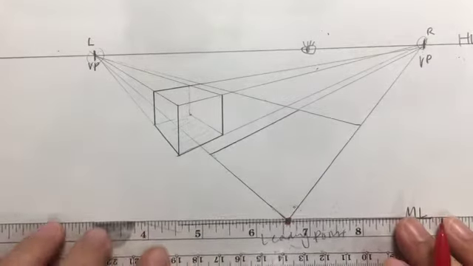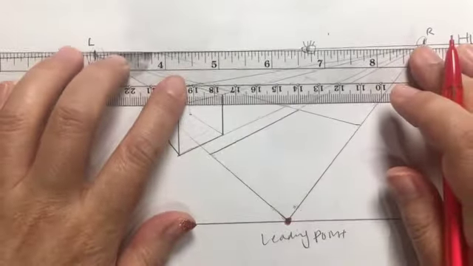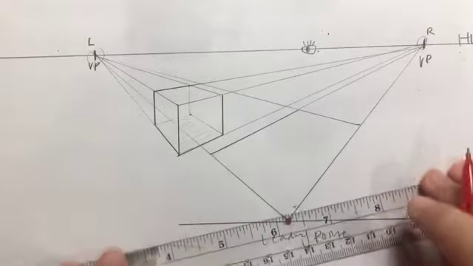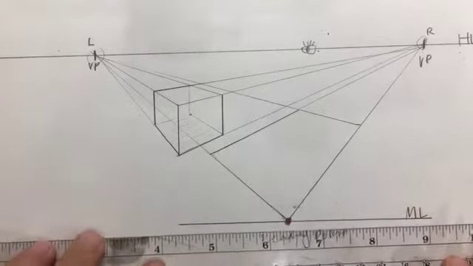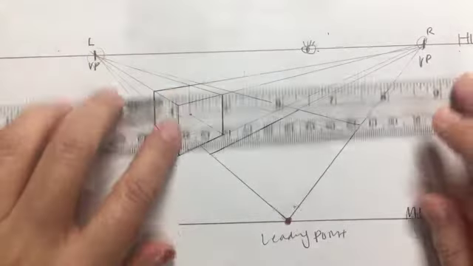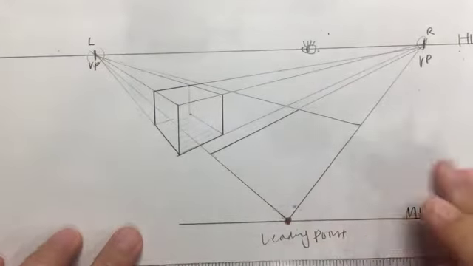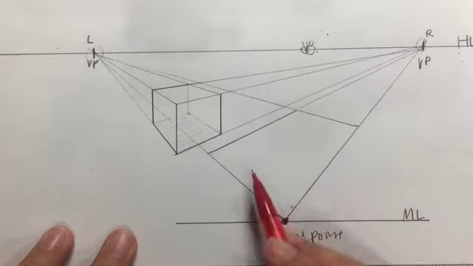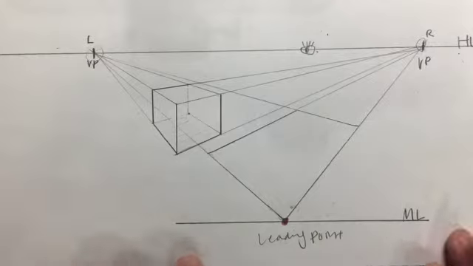And this has to be parallel with the horizon line or the edge of the paper. Again, if this became like this, it doesn't work, okay? Parallel to the horizon line, and the line has to go through the corner of the floor that you're about to divide, okay?